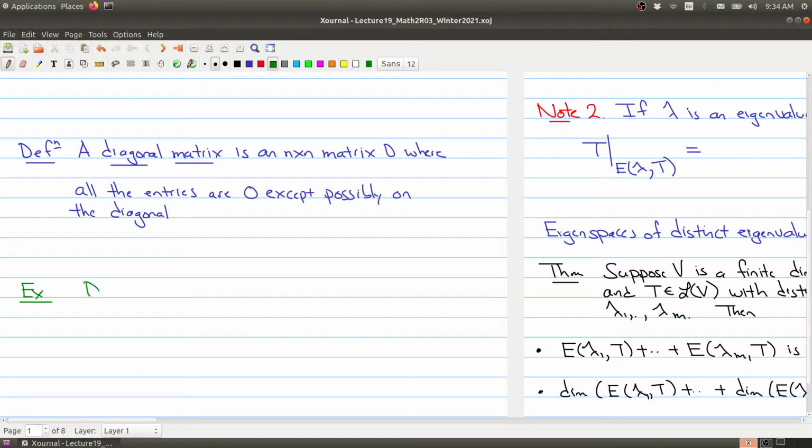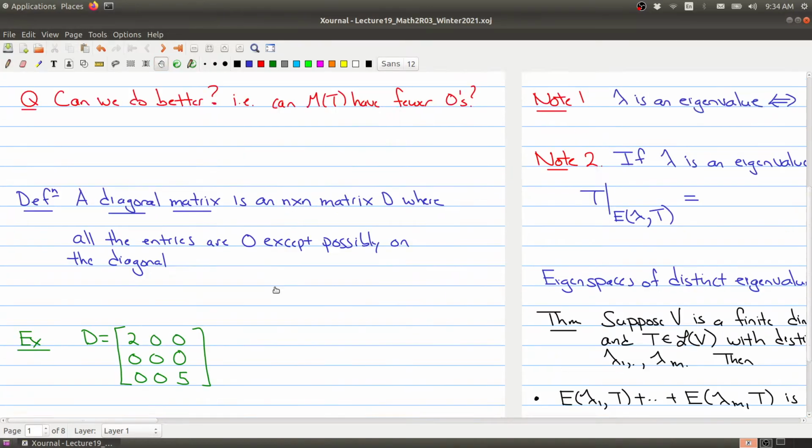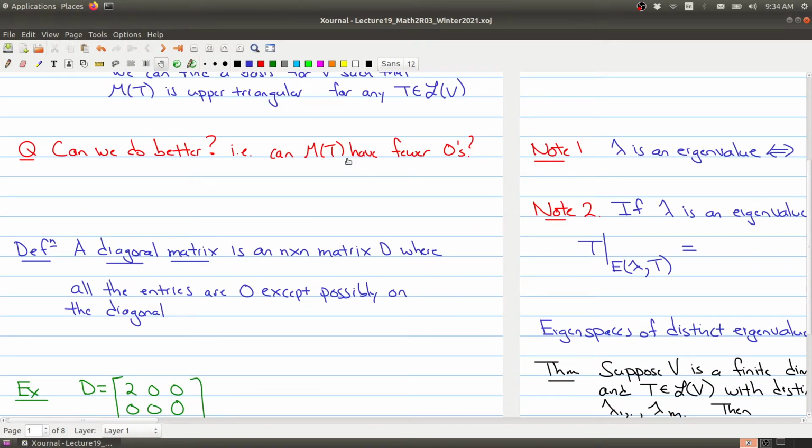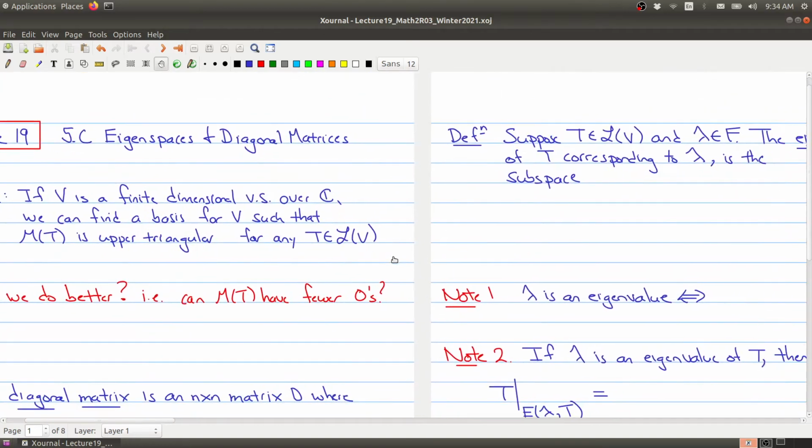Let me give you one: all the entries off of the diagonal are zero, so I have zeros in the top right corner and the bottom left corner, and then some entries on the diagonal, which can be zero or not zero. That would be ideal to answer this question: could we make this matrix a diagonal matrix?